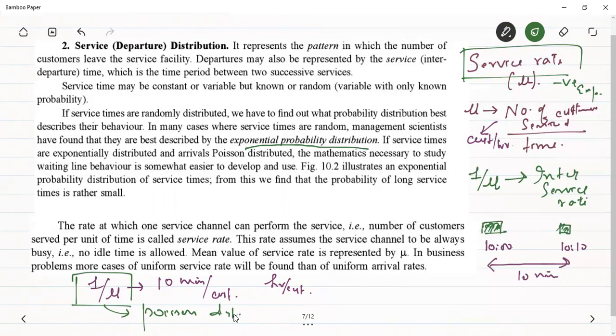Arrival lambda is Poisson; 1 by lambda is inter-arrival, that is negative exponential. Service mu follows the negative exponential, whereas 1 by mu, the inter-service, follows the Poisson distribution. I hope these two elements are clear to you.